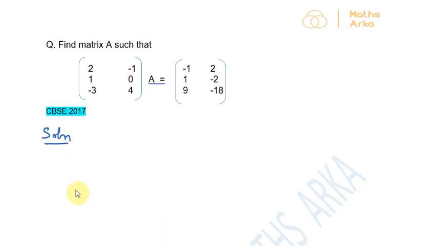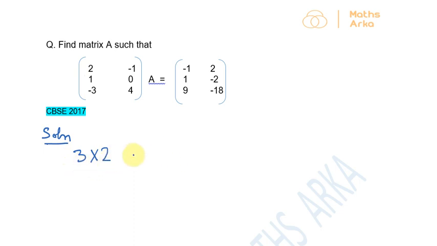So let's try how we proceed with this. First of all, I would state how I would go about it. Just look at this matrix. This matrix has 3 rows and 2 columns, that is 3 cross 2. 3 by 2 is the order for this matrix.